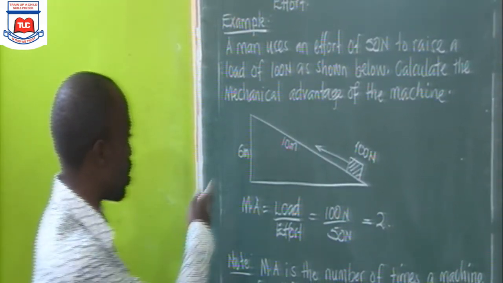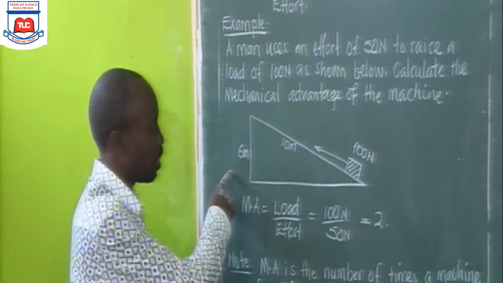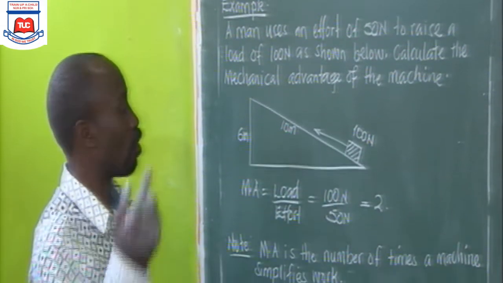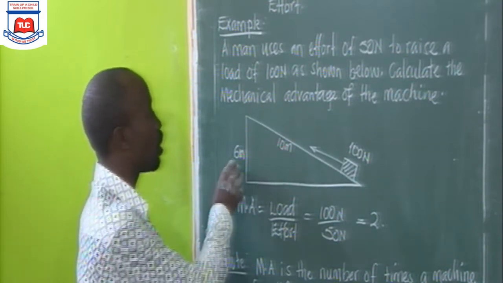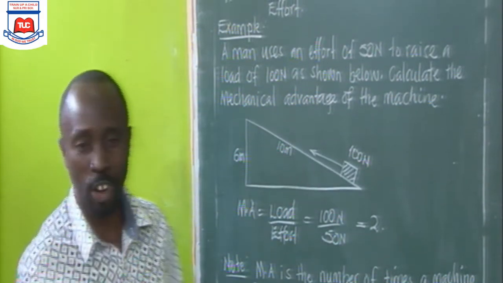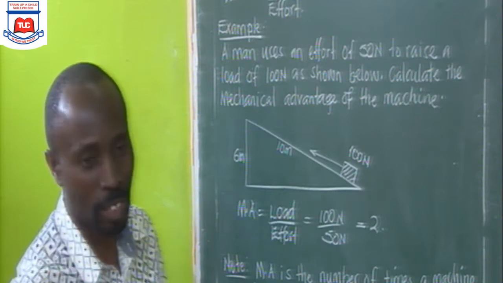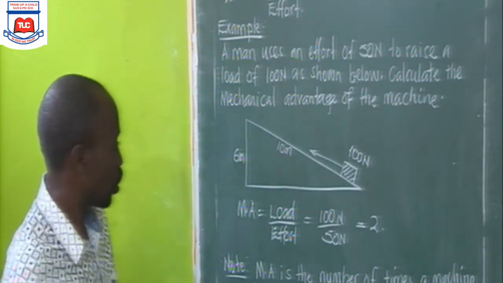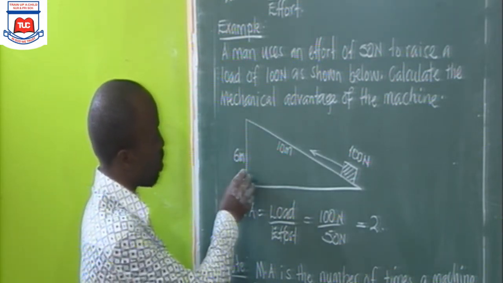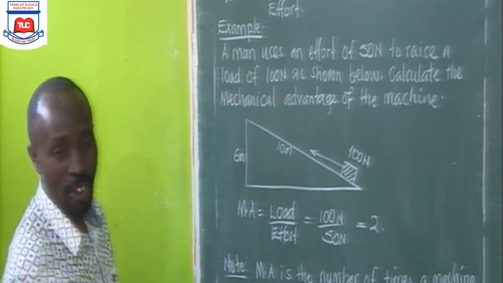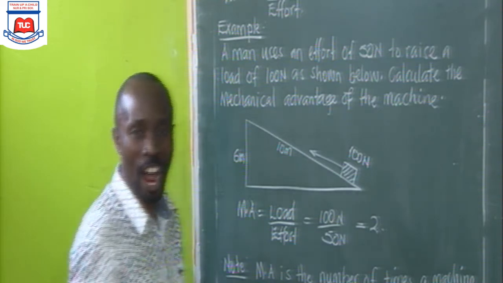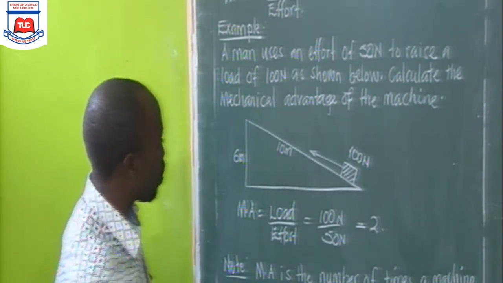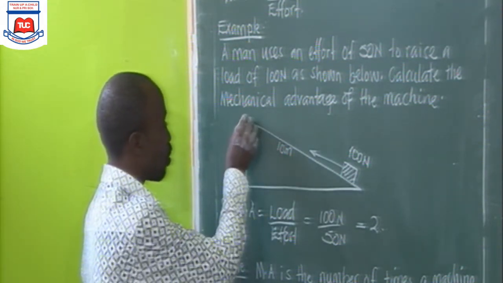At this side here, 6 meters is the height, and it is the distance through which the load will be moved. So sometimes you may be asked to use distances, okay? Load distance over effort distance. That doesn't change so much. So in this case, a man is trying to raise this load, which is of 100 newtons, through this distance to this height.